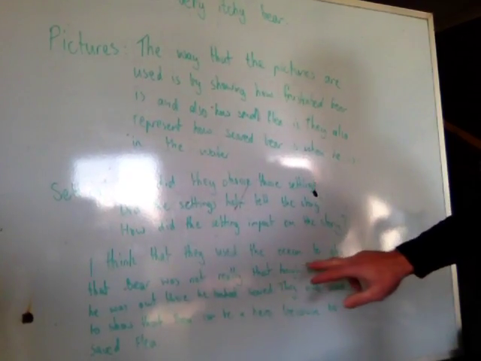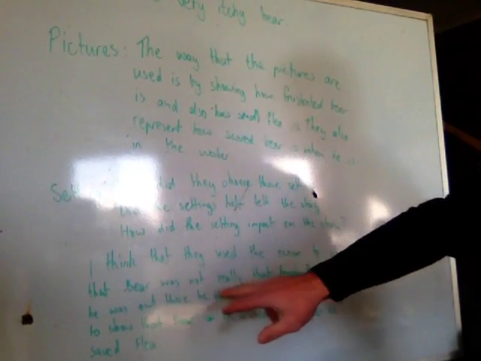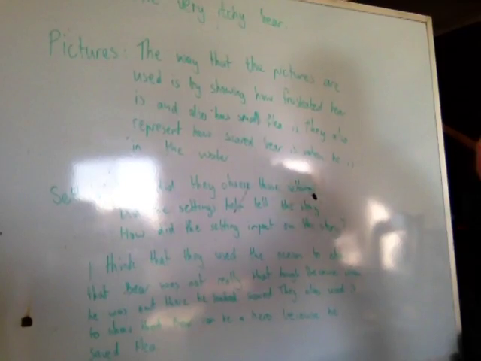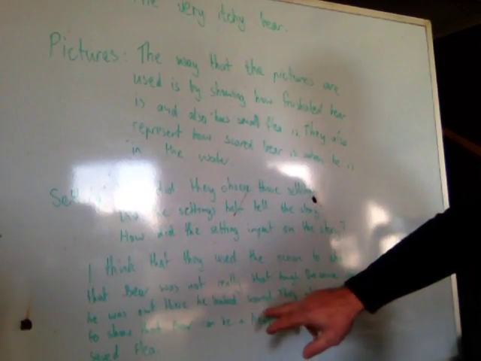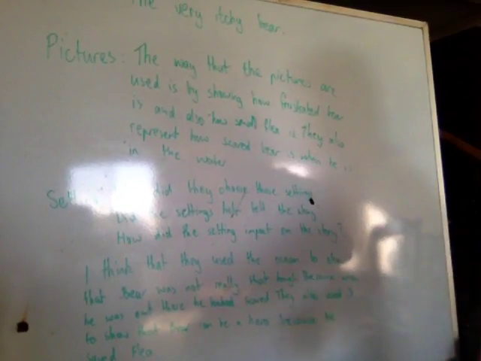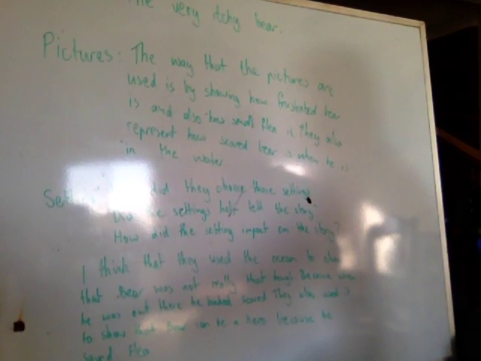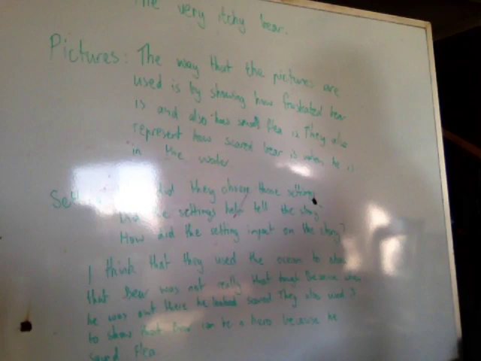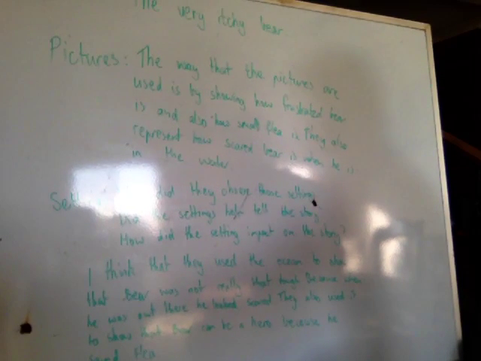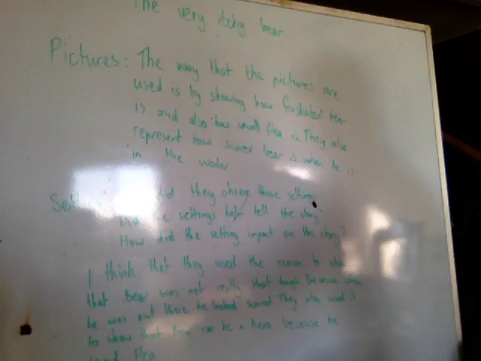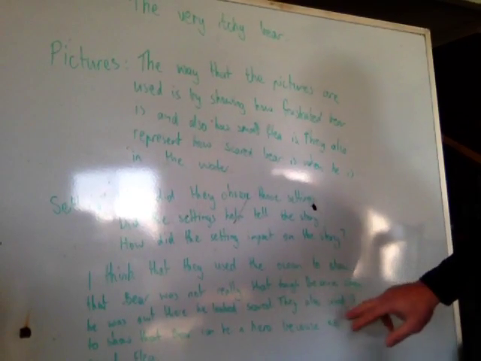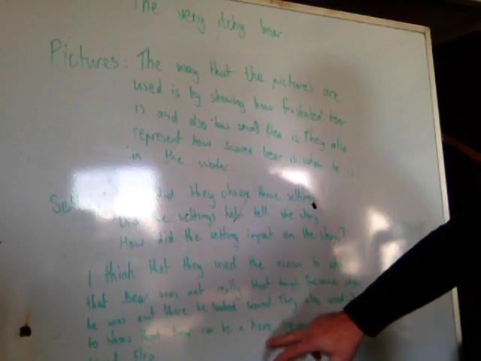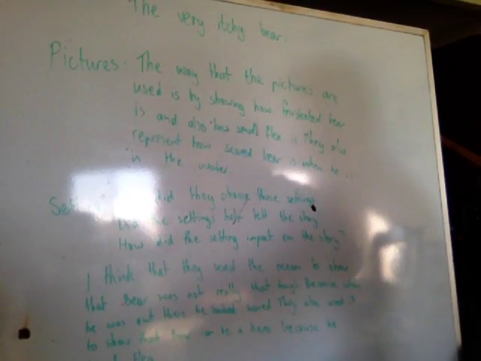I think that they use the ocean to show that Bear was not really that tough, because when he was out there, he looked scared. I mentioned that a bit earlier. When he was sitting there all by himself and saw the big whale and the big ocean, he looked a bit frightened. So that's why I think they chose that setting. But I think they also used it to show that Bear can be a hero because he saved Flea.